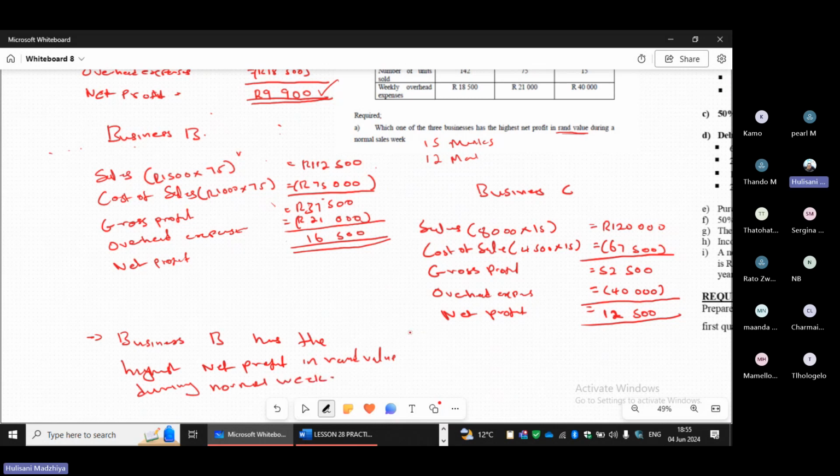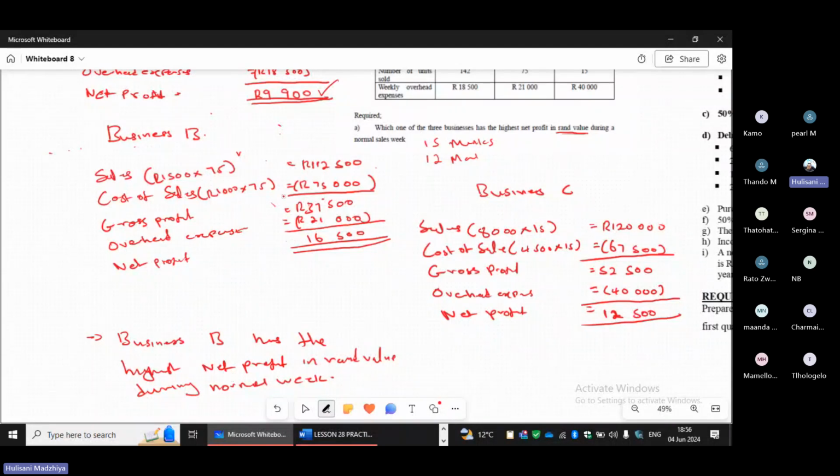So this is supposed to be your final statement because it asks you which one of the three businesses has the highest net profit. So if you just perform the calculation, you will earn all the marks for calculation, but you will not actually receive the marks for the final answer.